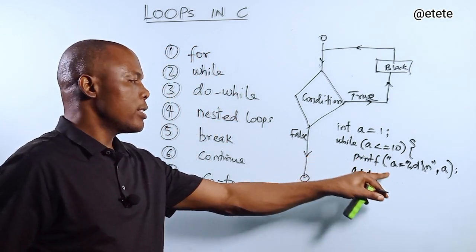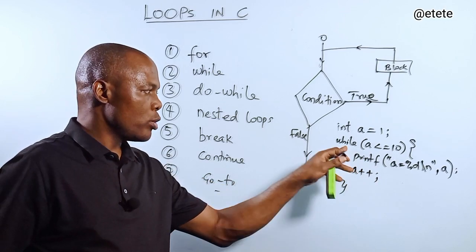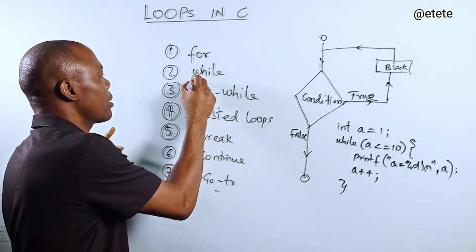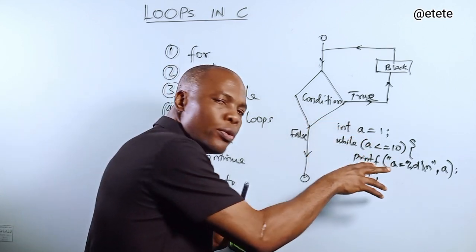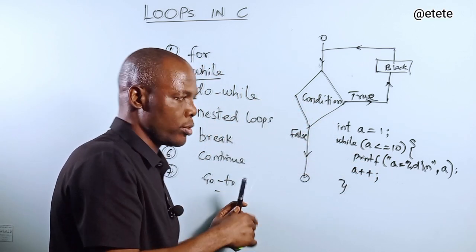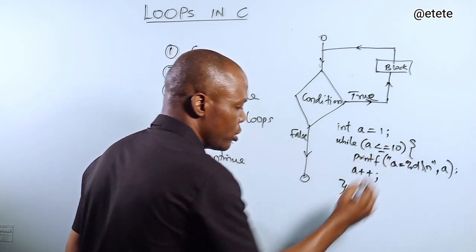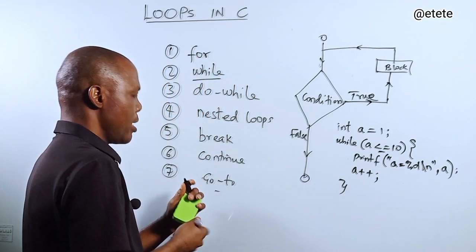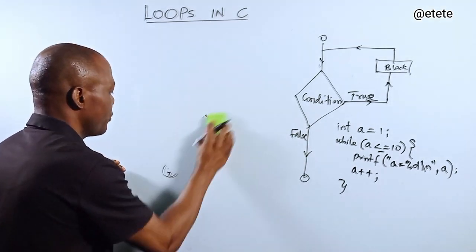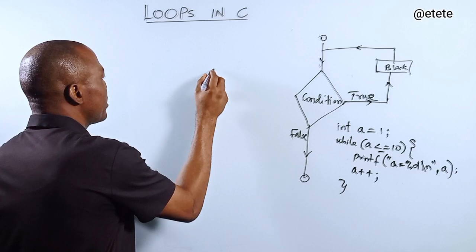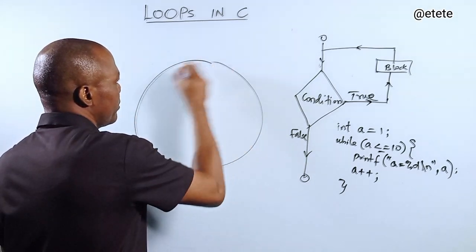Now, this is a small program that I've written using a while loop. This loop has 10 iterations, which is based on this condition. Let me explain that. A loop is like this, right?